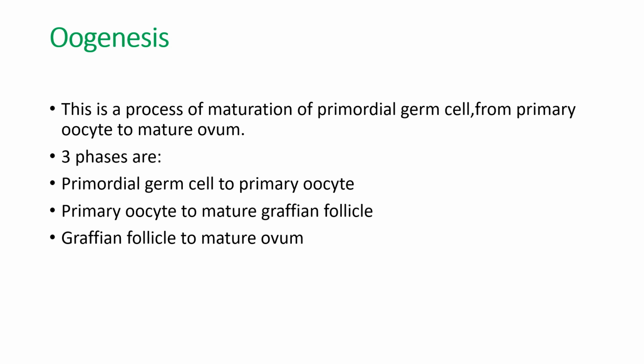The second phase is from formation of primary oocyte to mature Graafian follicle, which occurs at the onset of puberty. And the third phase, mature Graafian follicle to mature ovum, occurs in the reproductive phase. Now we are going to see these three phases and the steps of oogenesis.